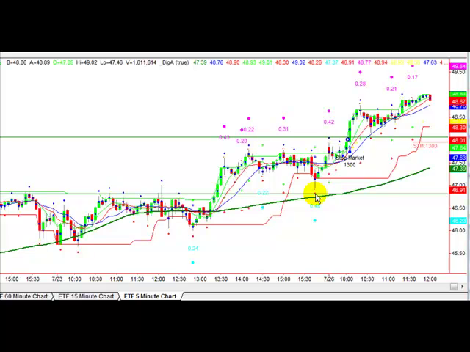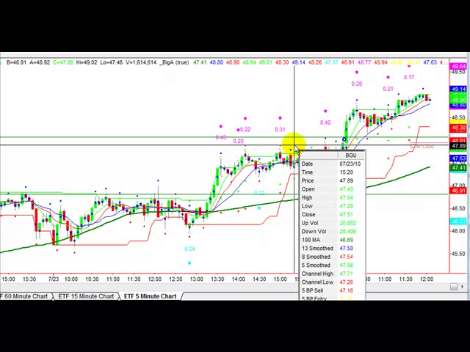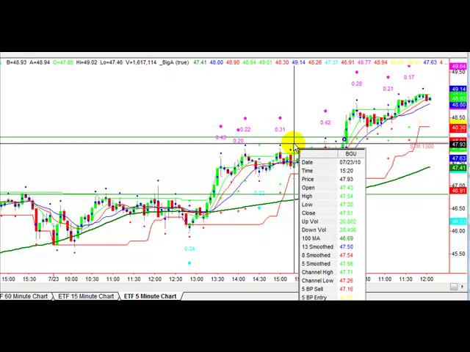48.07, which is another good reason, because this entry here was below at about 47.93, which is right before the even number of 48.00. Anytime you have an even number, you don't really want to get in right below it, for instance at 47.93, because it could stop at 48, since traders seem to have some kind of psychological thing with even numbers.